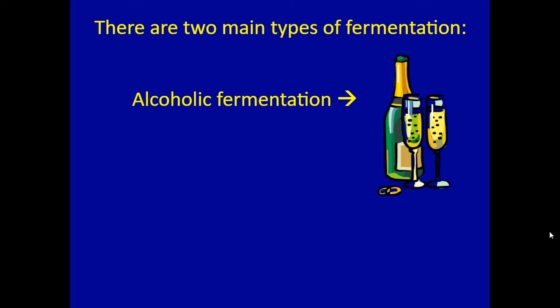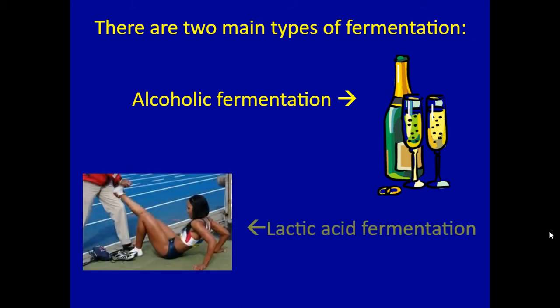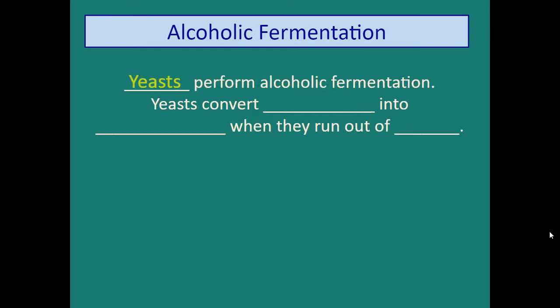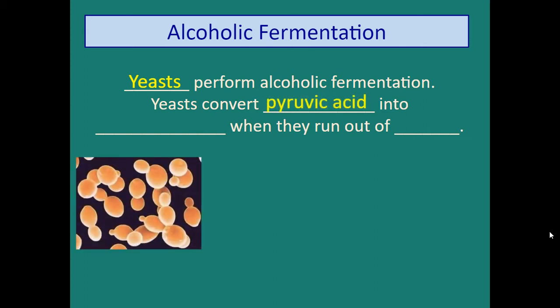There are two main types of fermentation that we need to know. One is called alcoholic fermentation, while the other you might be familiar with already, and that's called lactic acid fermentation. Alcoholic fermentation is performed by organisms like yeast. Yeast still go through glycolysis; that step does not change.